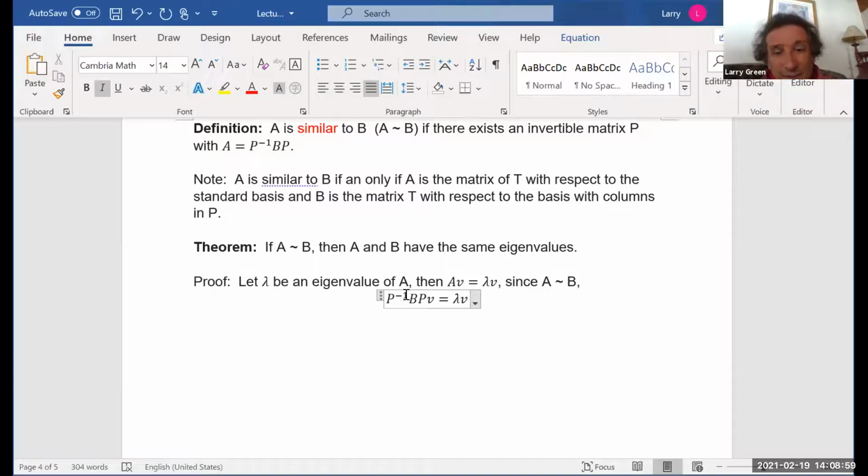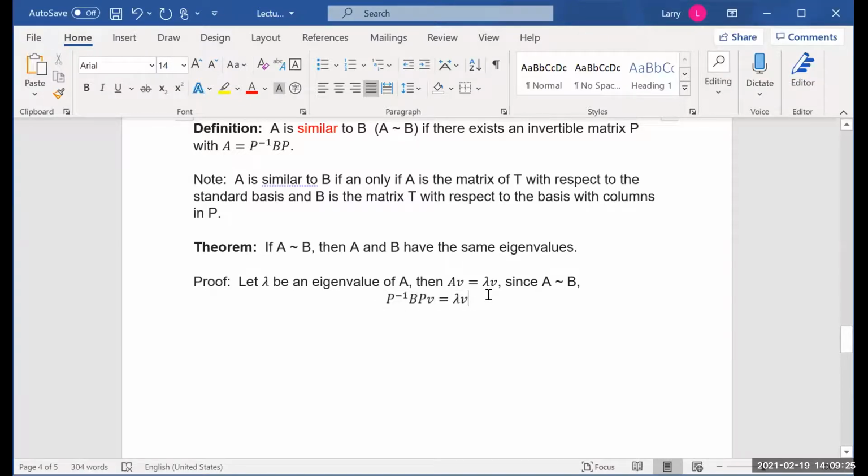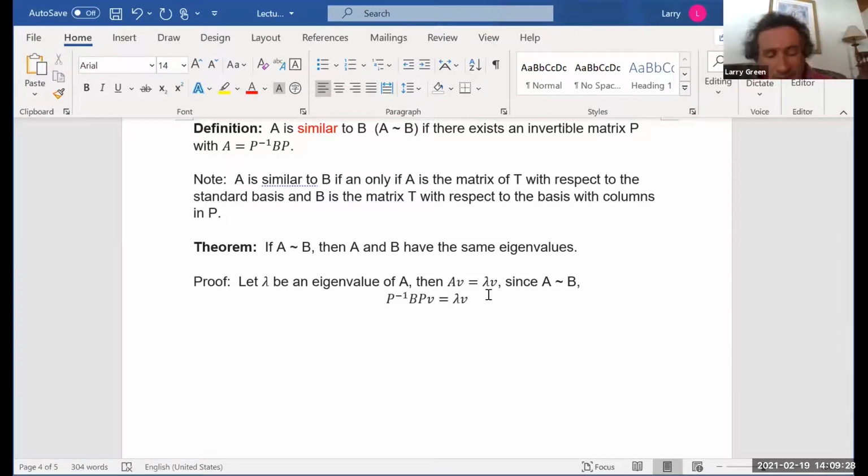Now, we want the definition of an eigenvalue for B. And that definition can't have a matrix to the left of B, right? Because we want B times a vector equals lambda times a vector. Do y'all agree? This P inverse is in the way. So how do I get it out of the way? Multiply by P. I'm going to be more picky than you are, and that is left multiply by P, because left multiplying and right multiplying are different.